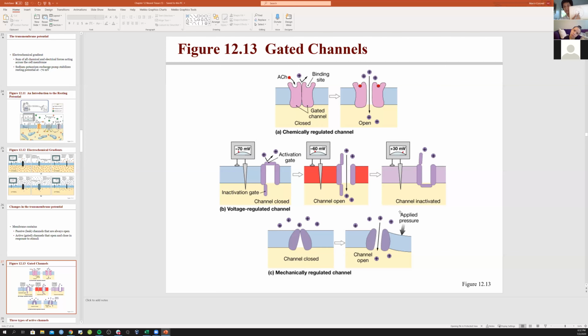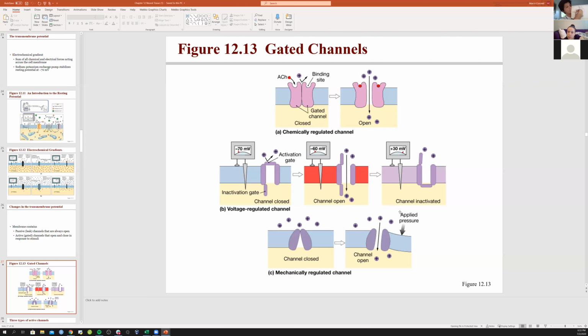Now you've memorized that there's more potassium in the interior of the cell. I open a potassium channel. What's going to happen? Potassium is going to rush out to the exterior because there's more of it inside. What happens if I open sodium channels?